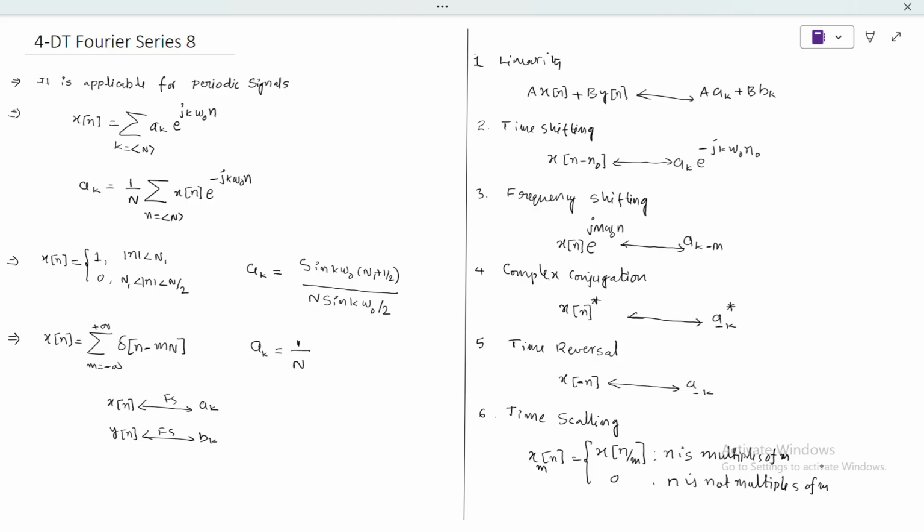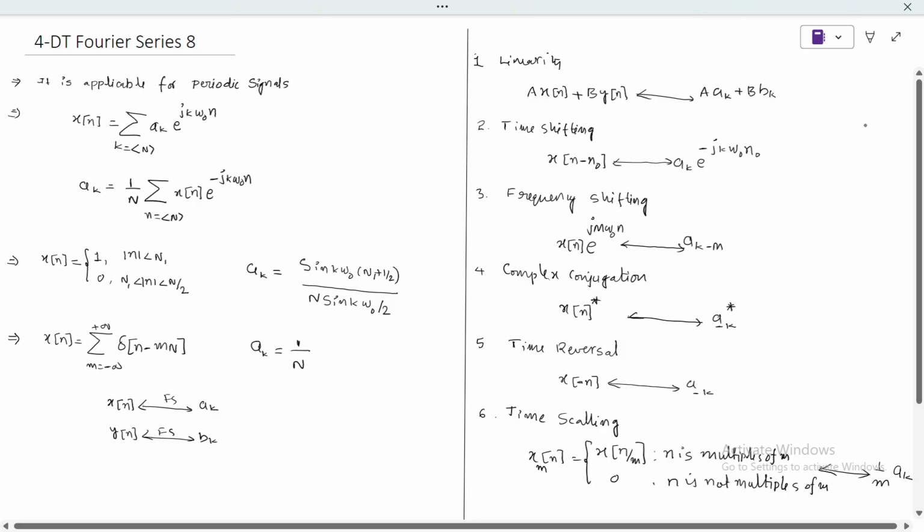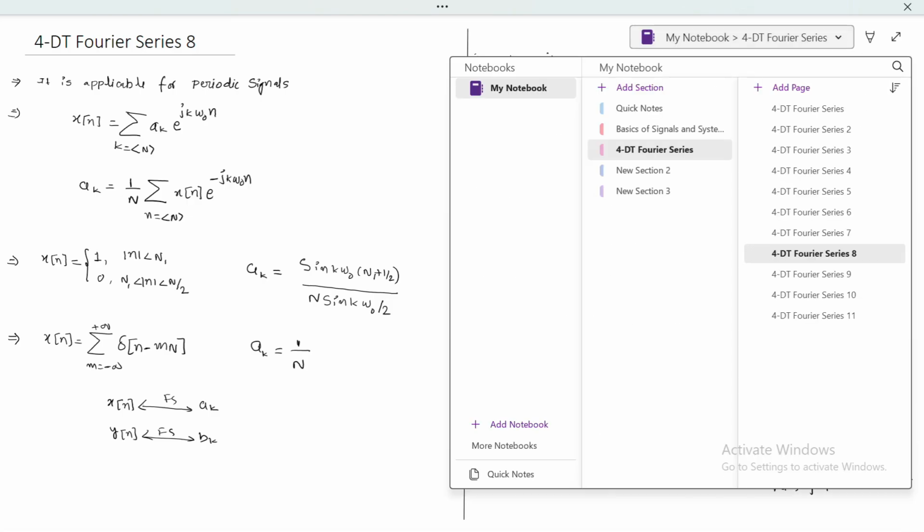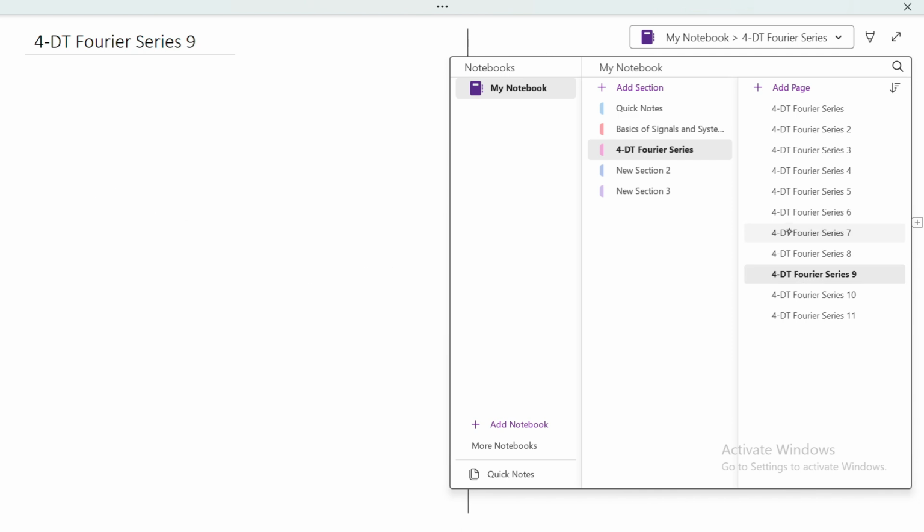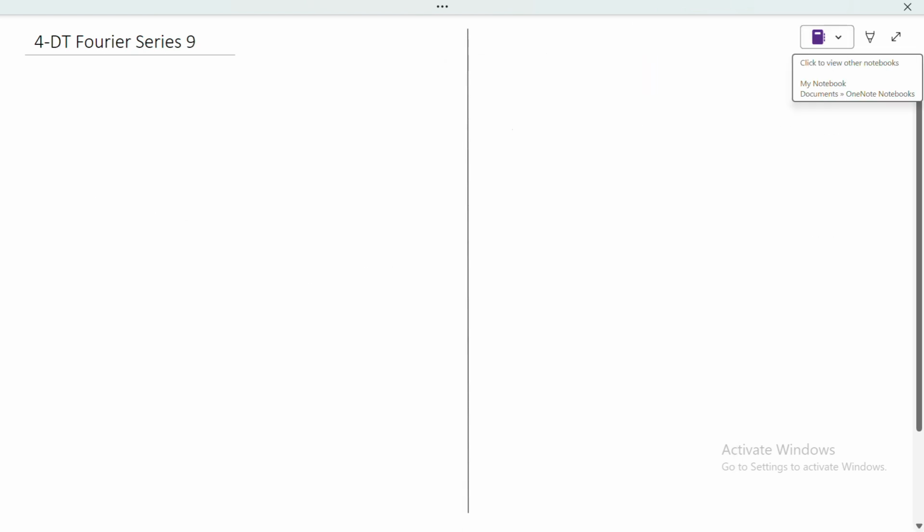For this case, the Fourier coefficient is simply 1 by m multiplied to ak. So next property, that is the seventh one.